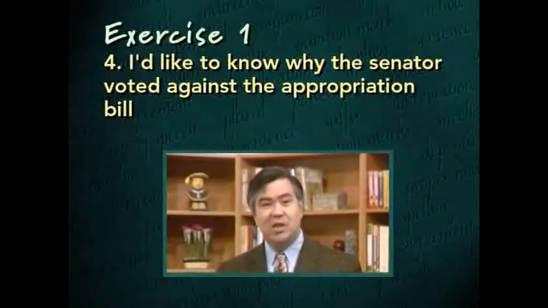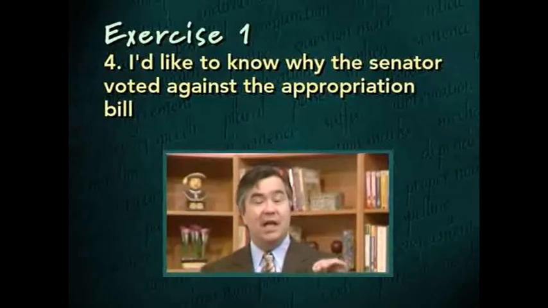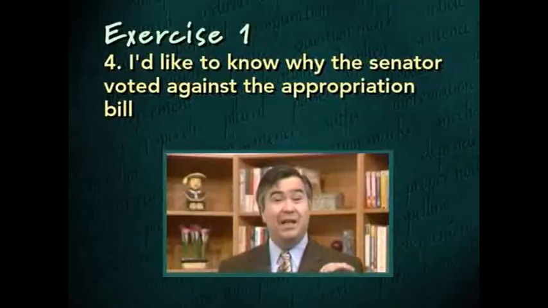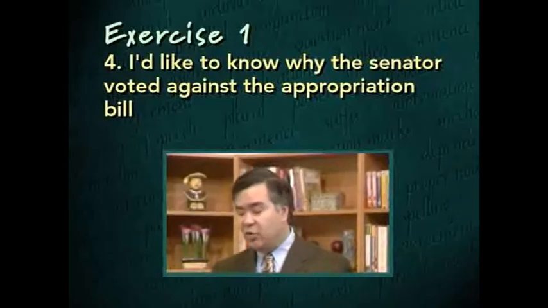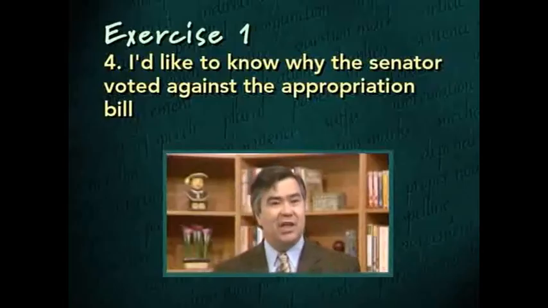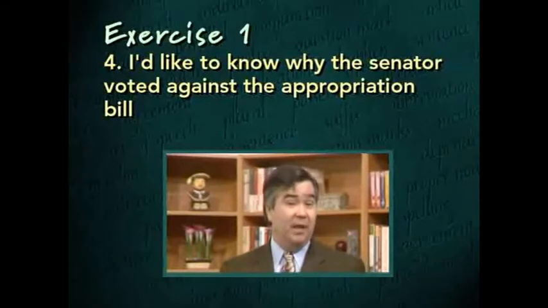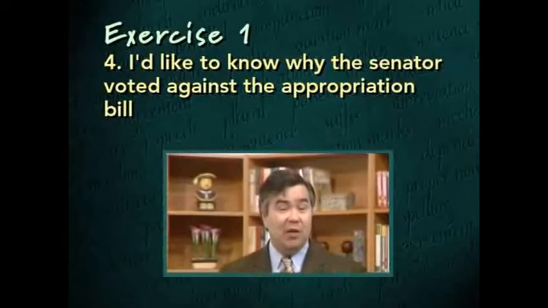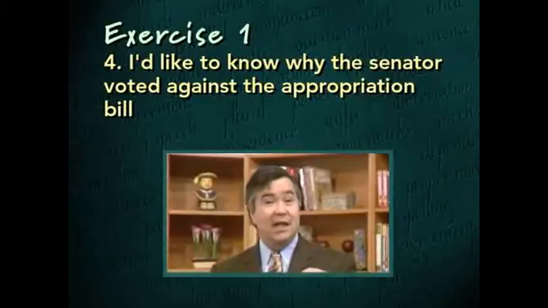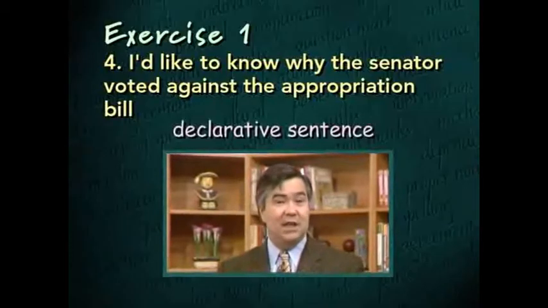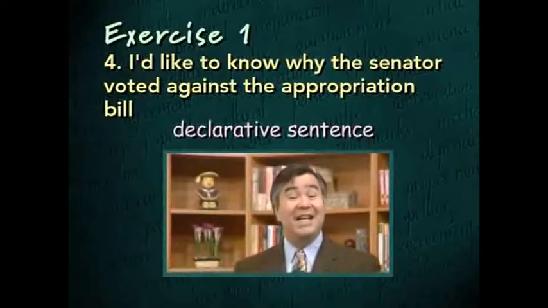But notice that the question is being stated indirectly, not directly. For this to be an interrogative sentence, it would have to read something like, "Why did the senator vote against the appropriation bill?" Then the sentence would be directly expressing a question. Instead, this is a declarative sentence because it only states the question indirectly.